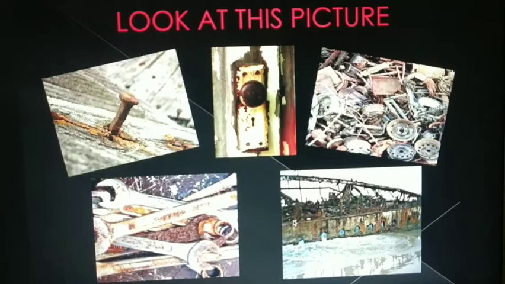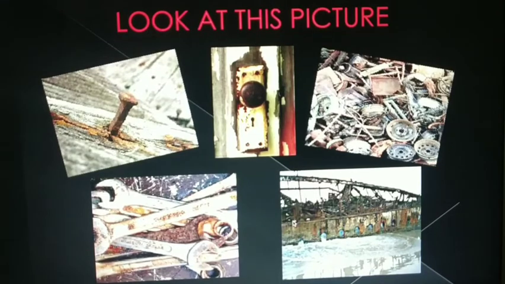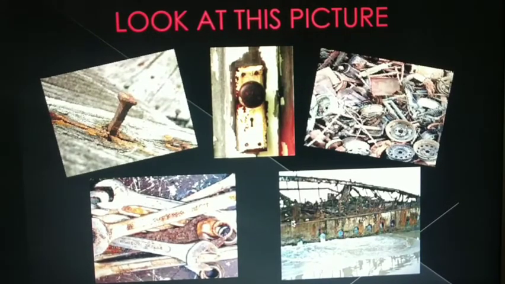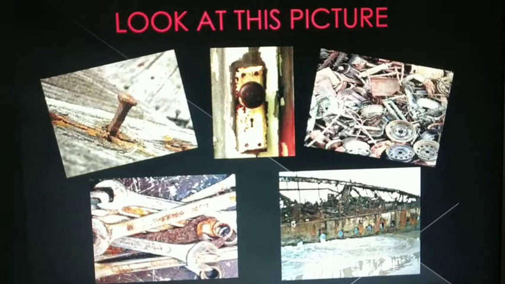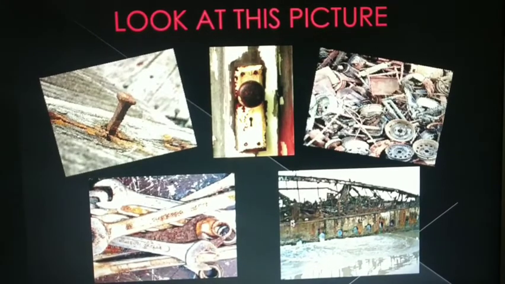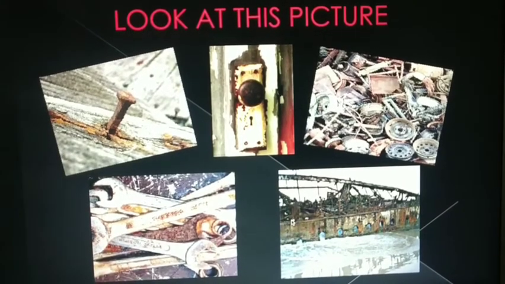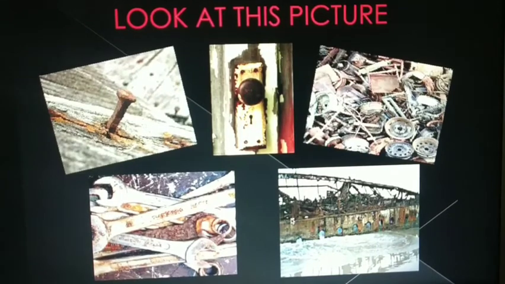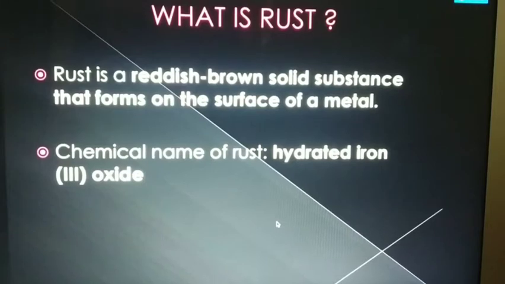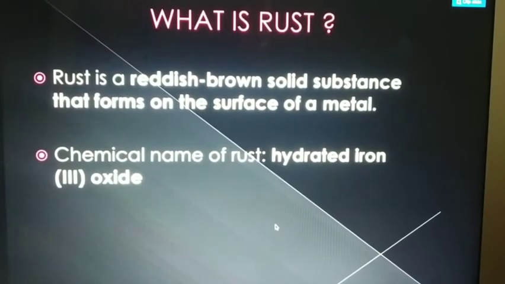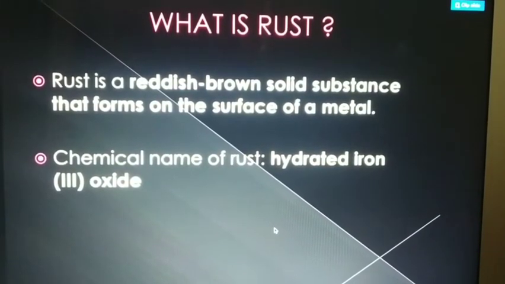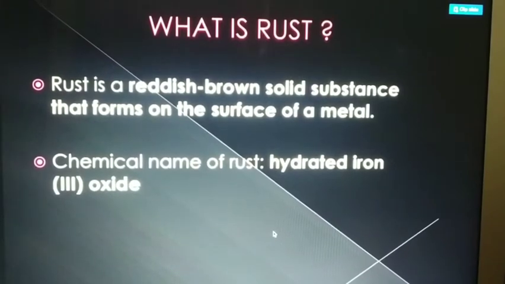Corrosion can occur in materials like polymers and ceramics, and this type is known as degradation. But rusting can affect only iron and its alloys. So this is the difference between corrosion and rusting. So what is rust? Rust is a reddish brown solid substance that forms on the surface of metal.